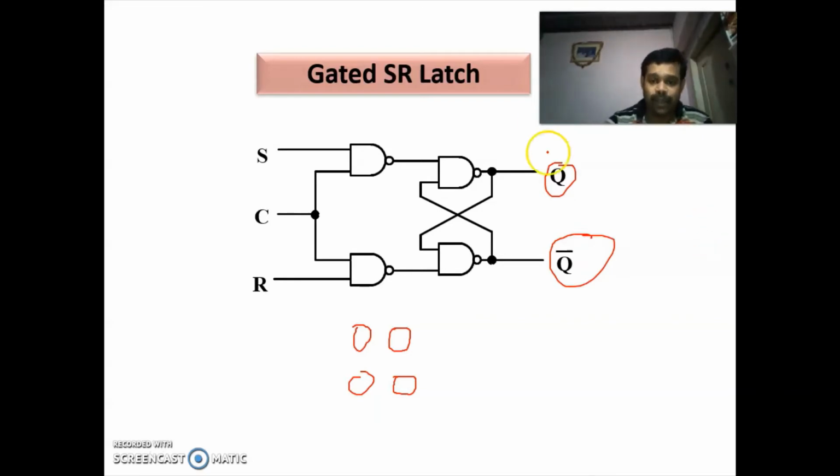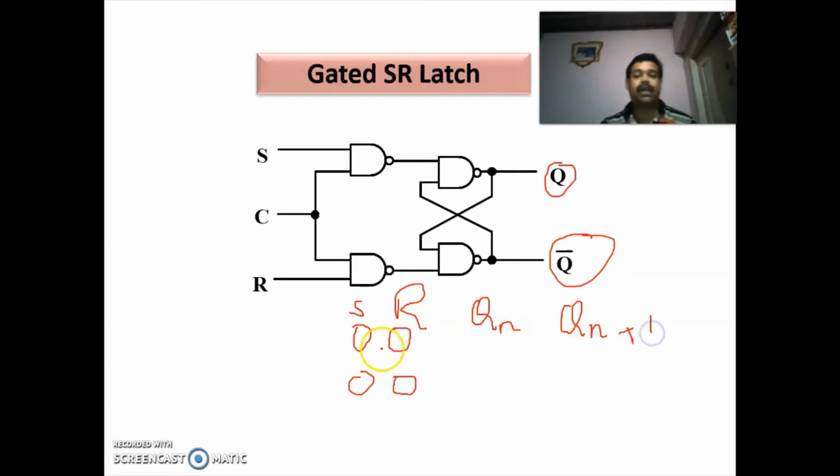So I am taking two inputs S and R, and I am taking the present state as Qn and next state as Q of n plus 1. First I am taking the present state as 0.